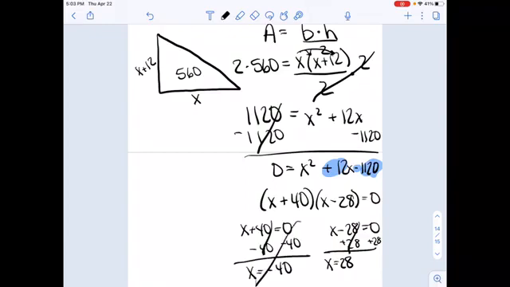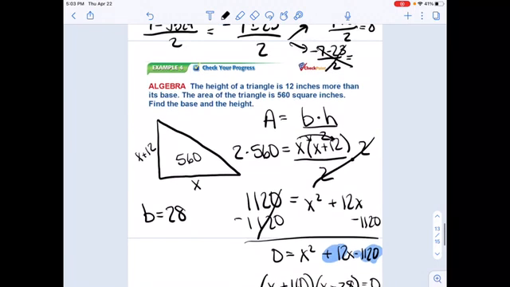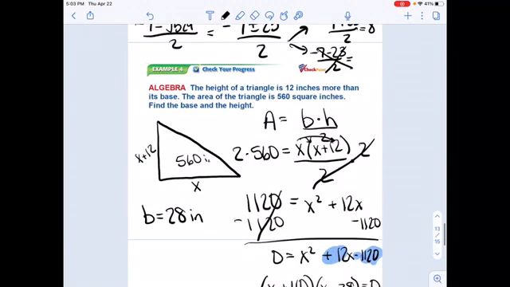Obviously, my solution cannot be a negative distance, so negative 40 is out of the question. So our base is equal to 28 inches. And our height is 12 more than that, so 28 plus 12 is equal to 40 inches. And there we have it. There's our solution. Have a great day.